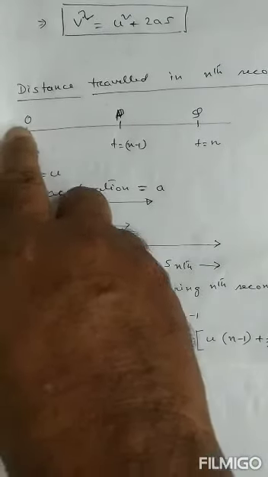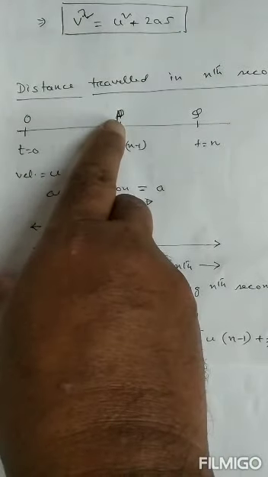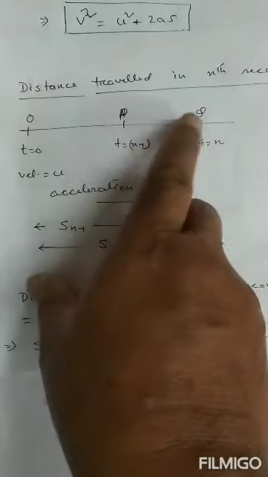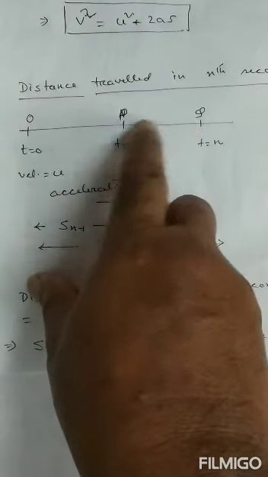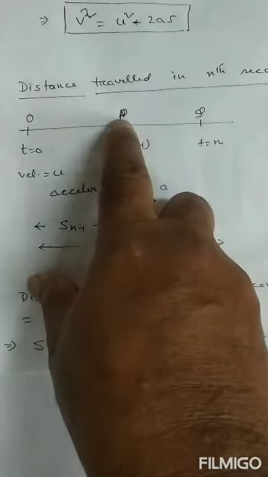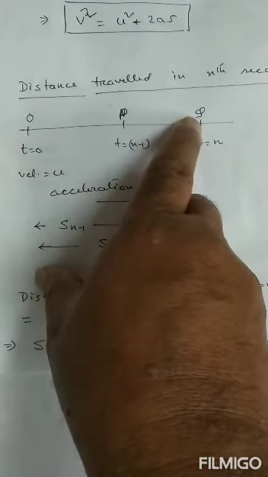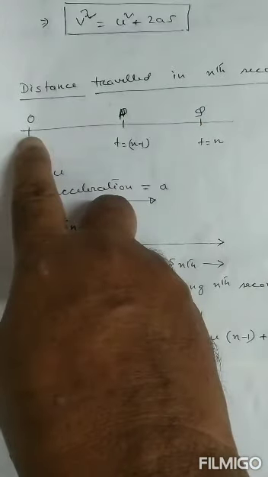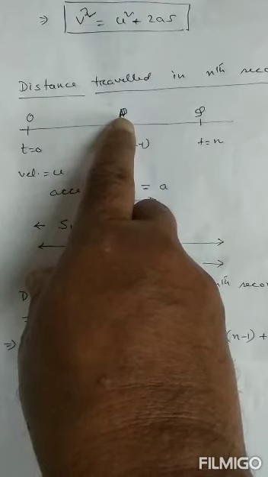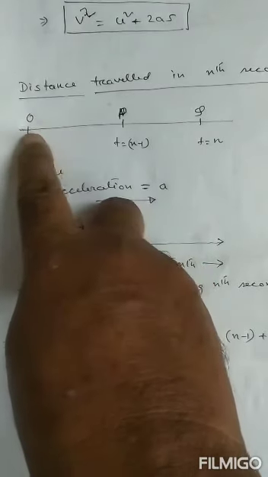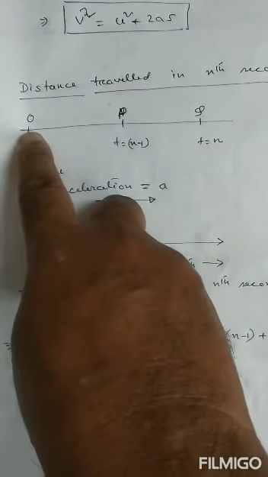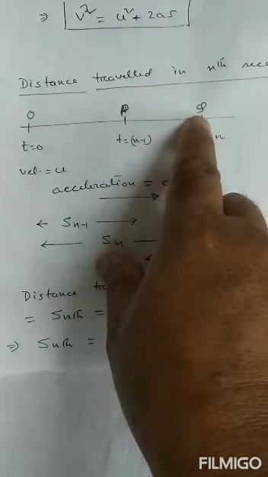Say from here to here, time taken is 2 seconds. From here to here, time taken is 3 seconds. That means this interval is called the third second. In order to move from O to P, the body takes a 2 second interval. In order to move from O to Q, the body takes a 3 second interval.